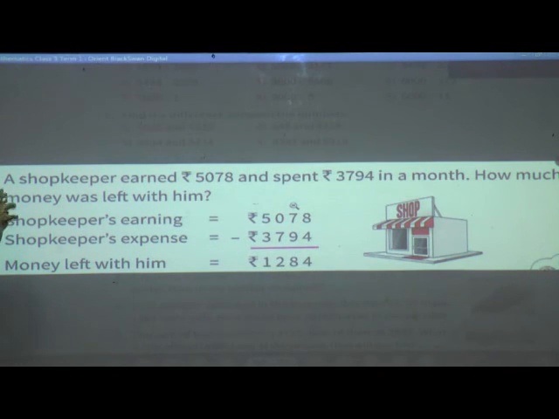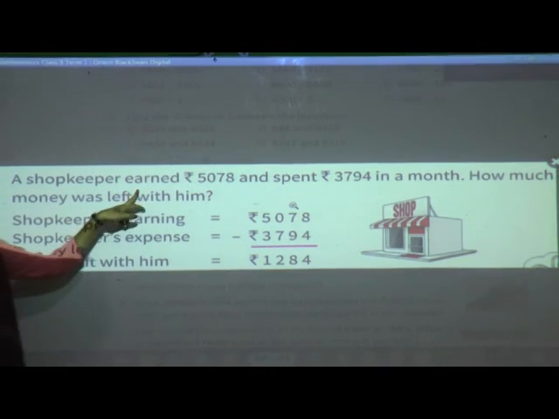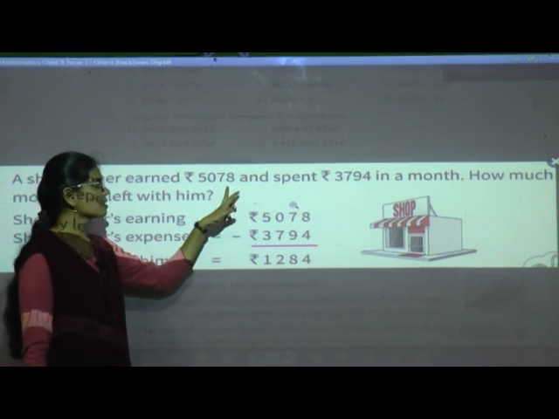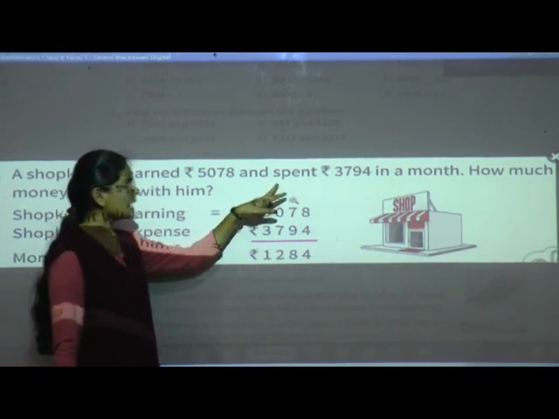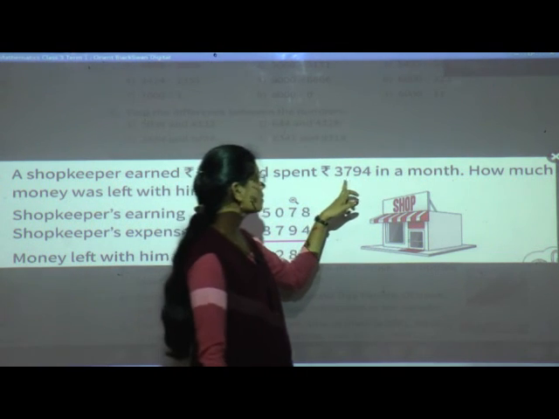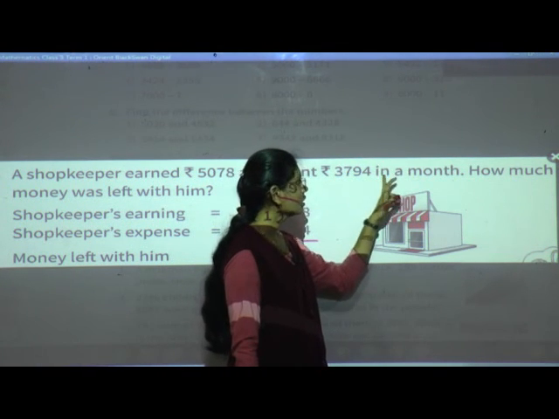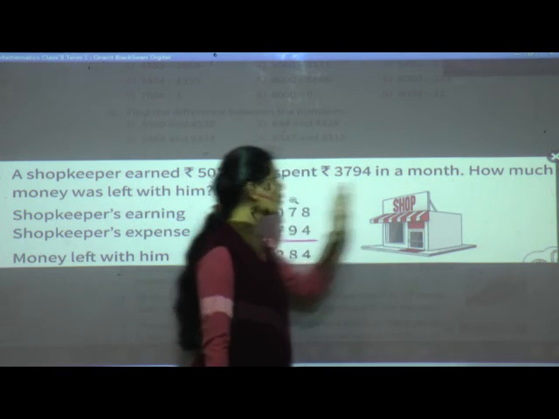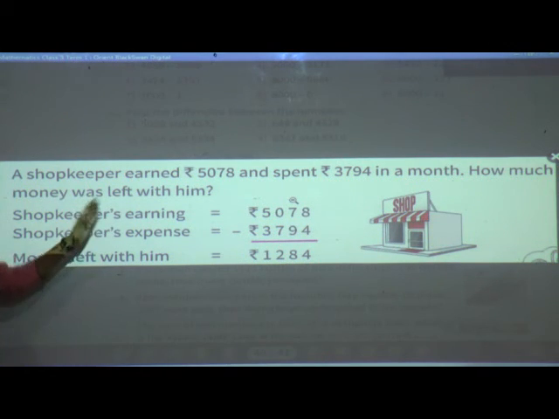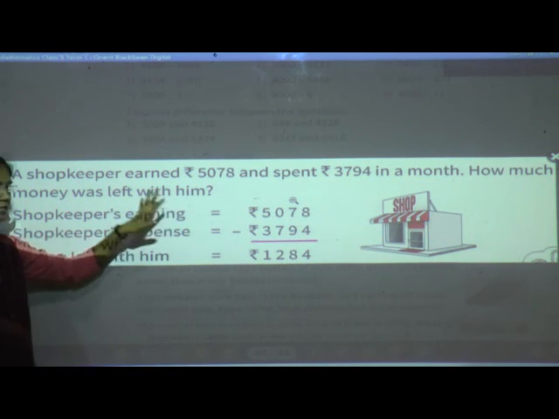See the first one. The story sum is: a shopkeeper earned rupees 5078 and spent rupees 3794 in a month. How much money was left with him? What is the question?